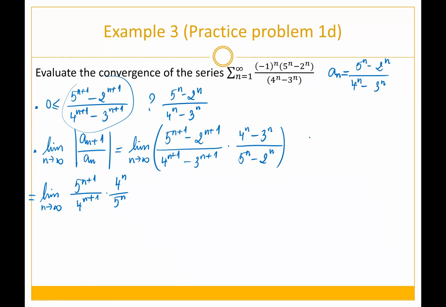Therefore, you can simplify with the dominant terms. You have 5 to the n times 5 times 4 to the n, divided by 4 to the n times 4 times 5 to the n. These cancel out, and your limit is equal to 5 over 4, which is bigger than 1. So our answer is that this one is absolutely convergent.